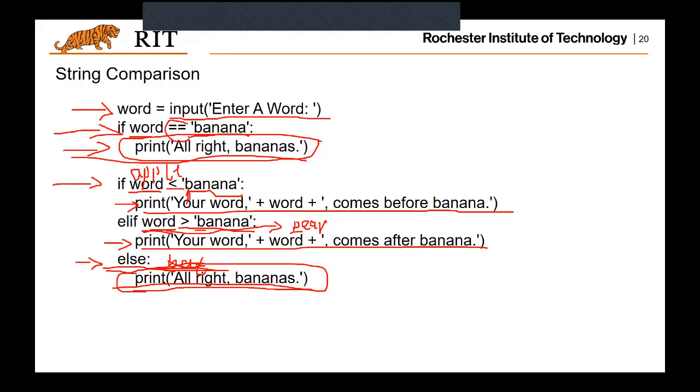Again, this kind of comparison does not work the same way as it does for numbers. Basically, you need to check the characters, for example with equivalent, smaller than, and greater than. All right, so this is how this kind of string comparison works.